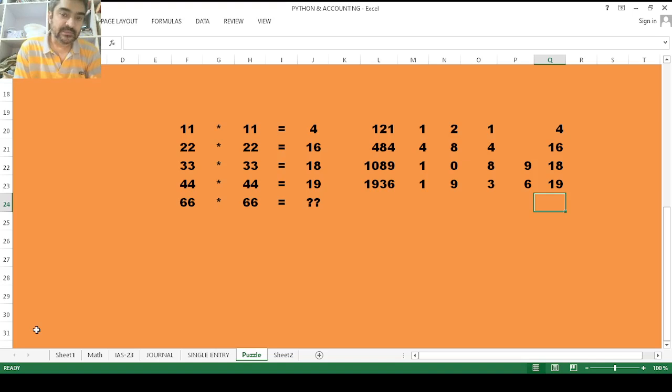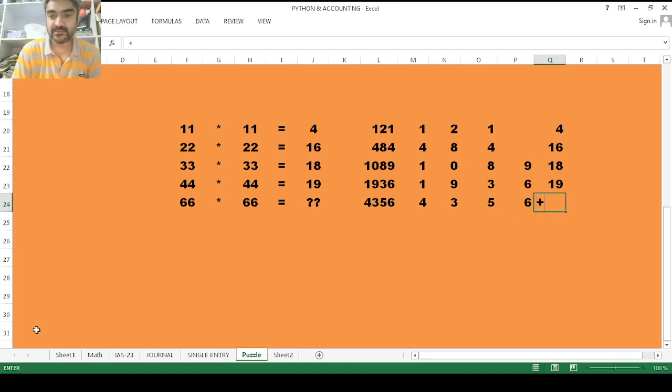Now let's do it on the last equation. 66 multiplied by 66 comes out 4356. Let's split these numbers into 4, 3, 5, 6.